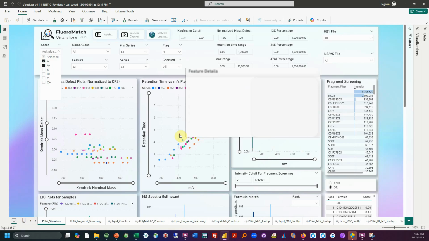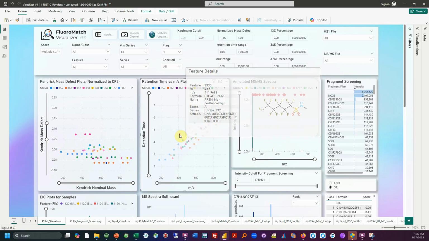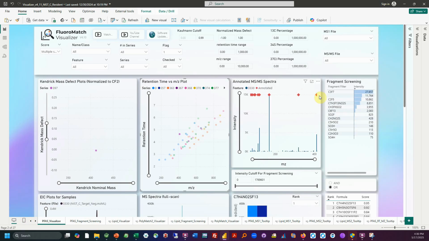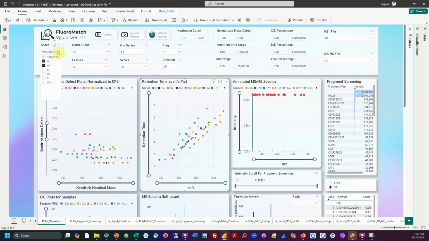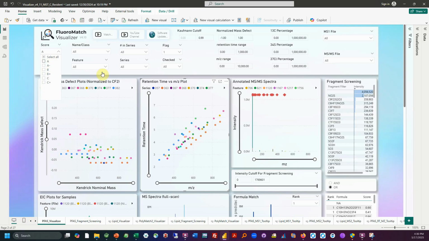So these are very nice MS-MS spectra that we see all these peaks that we were expecting to see. And so these are your confident hits. We'll go a little bit over the scoring in a separate video tutorial, but I just wanted to show you that.